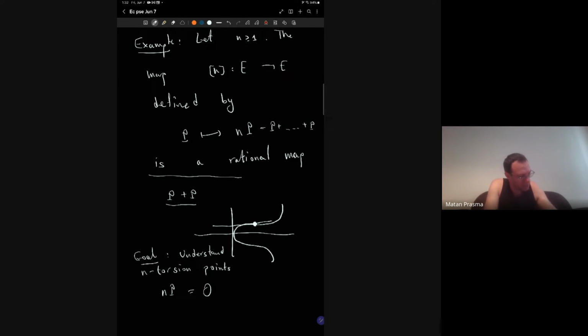These are the points on E, and here I take the algebraic closure of K. So the n torsion points are denoted E bracket n, and they consist of all the points in E over the algebraic closure such that nP is equal to the point at infinity.